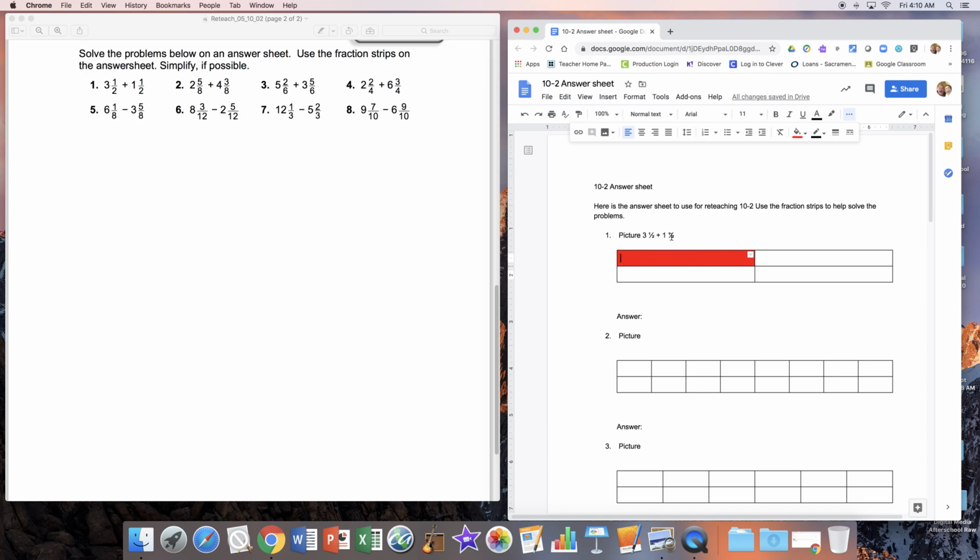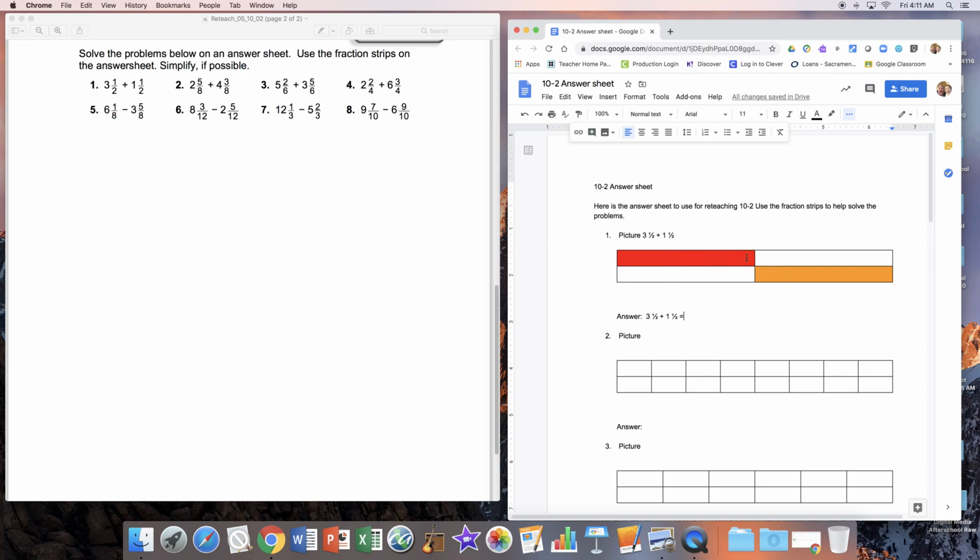And on this one, 1.5, how many halves do we have? We have 1/2. So we're going to fill in this box. So the answer would look like this: 3 and 1/2 plus 1 and 1/2 equals, well, 3 plus 1 is 4, and then 1/2 plus 1/2.